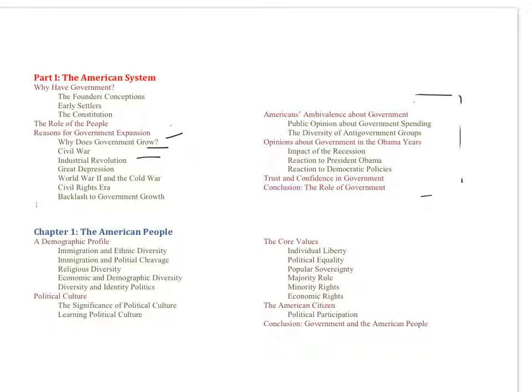You don't want to end up with 20 pages of notes on 18 pages of reading. I do not recommend that you take notes while you're reading. I've seen students take far too many notes because they don't understand what is noteworthy. Not everything you read needs to be added to your notes.